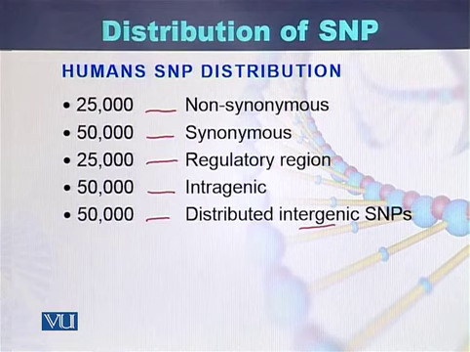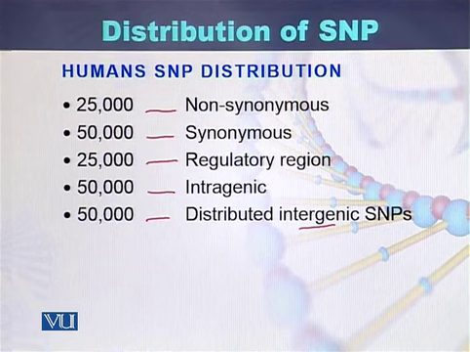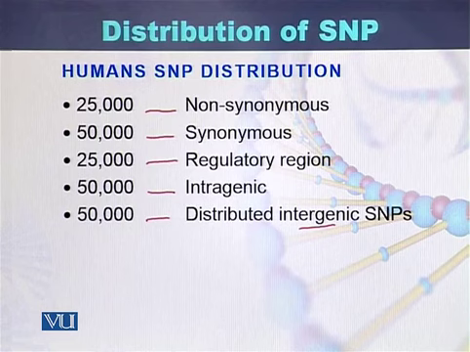So if we combine all this information, we can say that there are approximately 25,000 SNPs which are non-synonymous, 50,000 synonymous, 25,000 present in the regulatory region, 50,000 present intragenic between two genes, and there may be approximately 50,000 SNPs which are present within the genes.